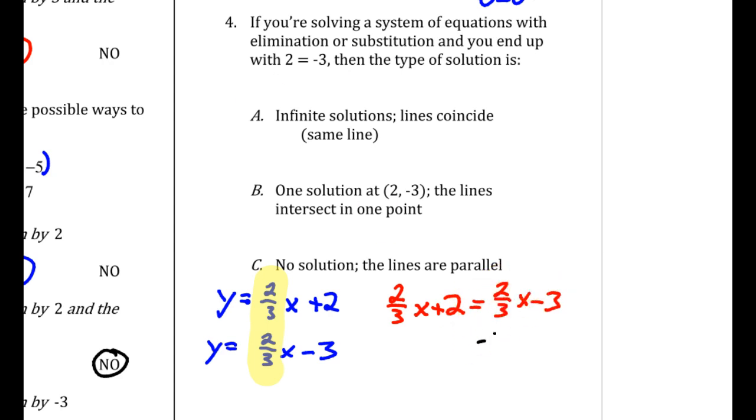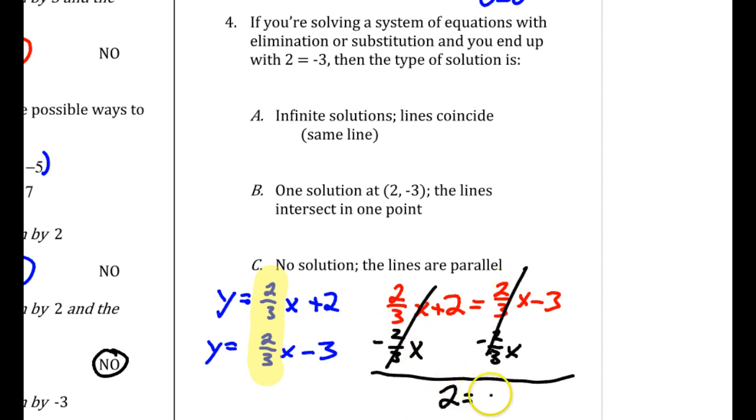And then when I subtracted 2/3x on both sides, those slopes cancel out since they're the same, and we're left with 2 equals -3. Kind of like we're left with the two y-intercepts. And here you can see how the two y-intercepts are not the same thing, which means these lines are parallel, which we already knew from the beginning.